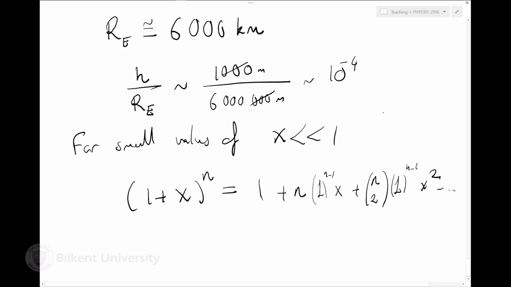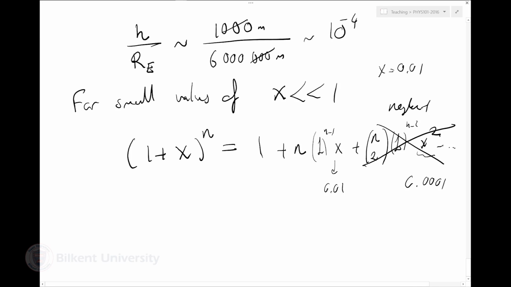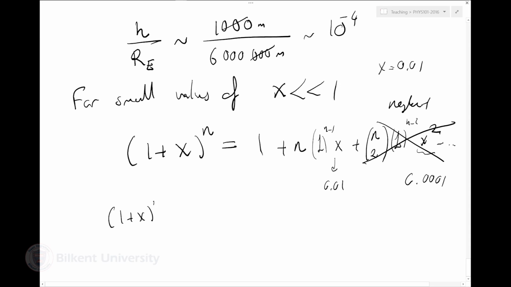Let's just put x equals 0.01. If x is 0.01, x squared would be 0.0001. So higher powers will be smaller and smaller. Right. So here's what I can do. I can actually just neglect the higher powers. And I can say for small values of x, (1 plus x) to the n is almost 1 plus nx.